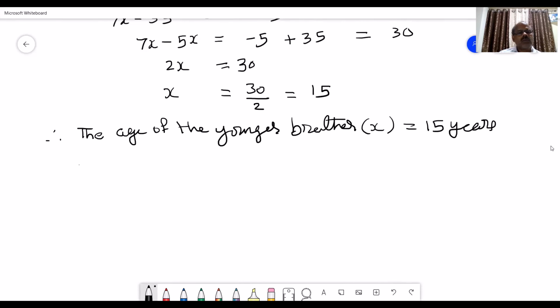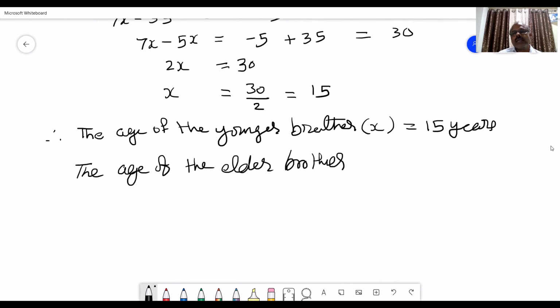Now the age of the elder brother is X plus 4, isn't it?